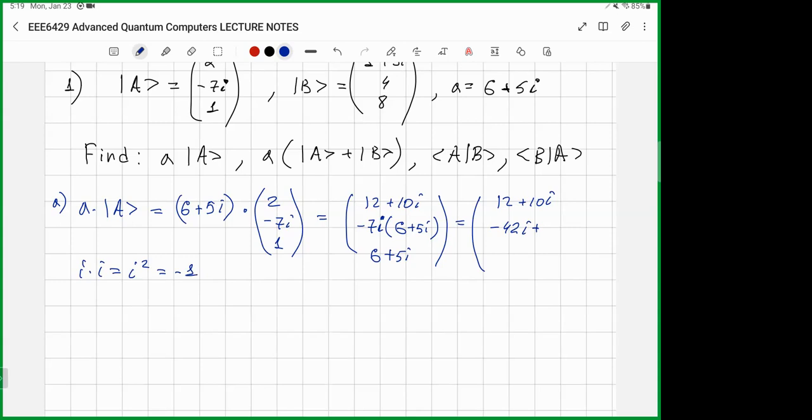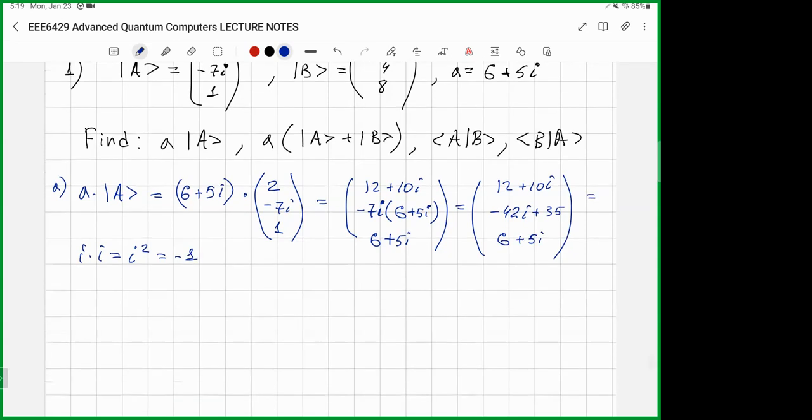So it is equal to plus 35, because minus and minus gives plus. The third is 6 plus 5i.